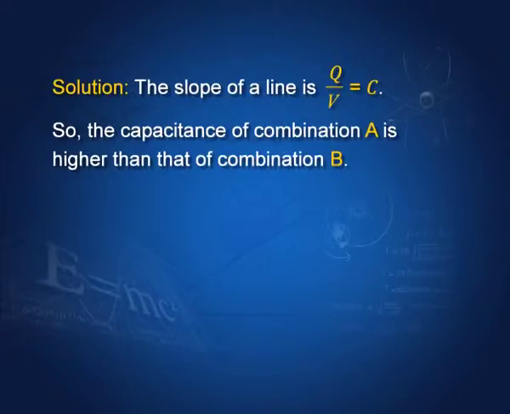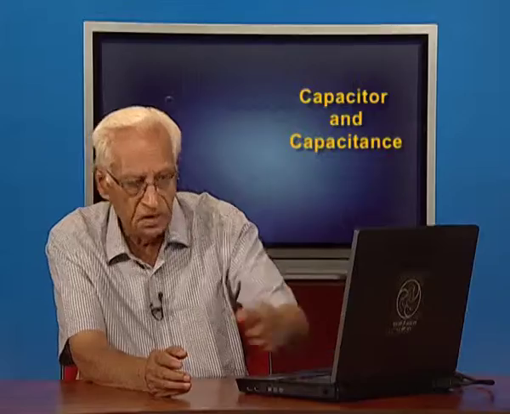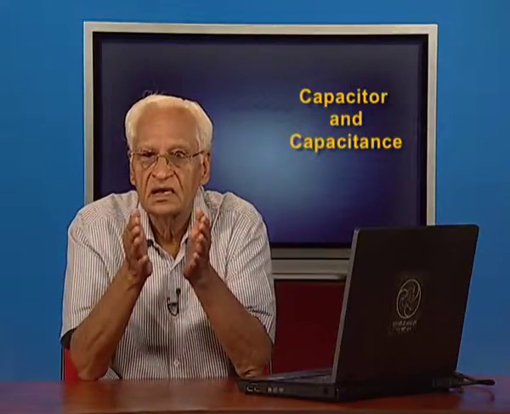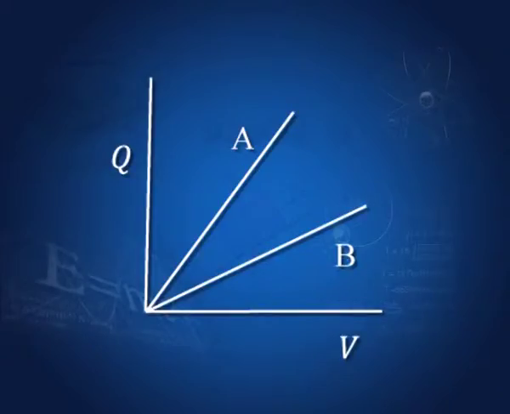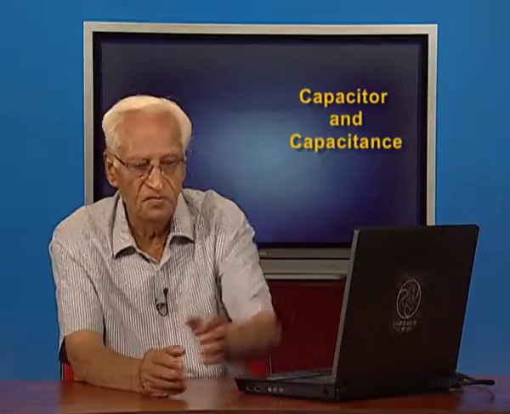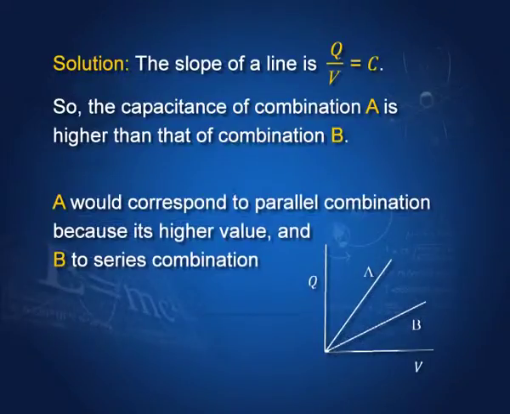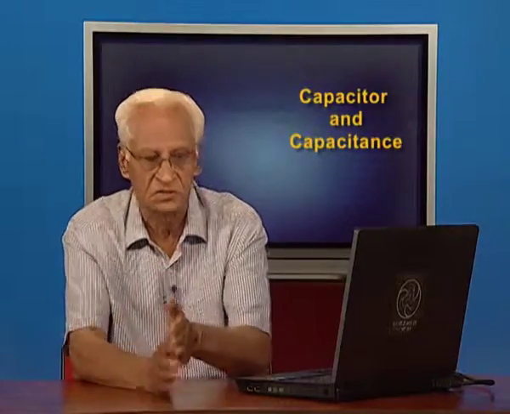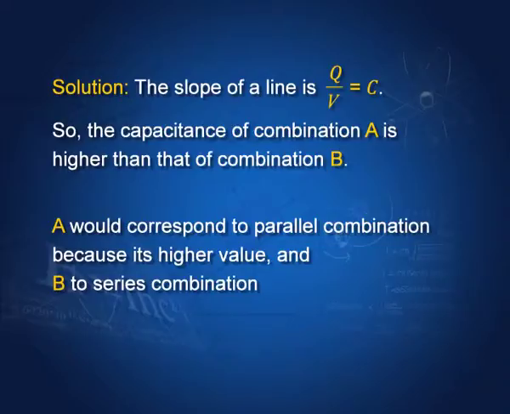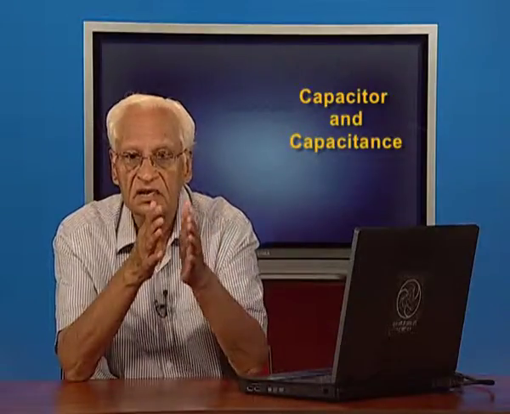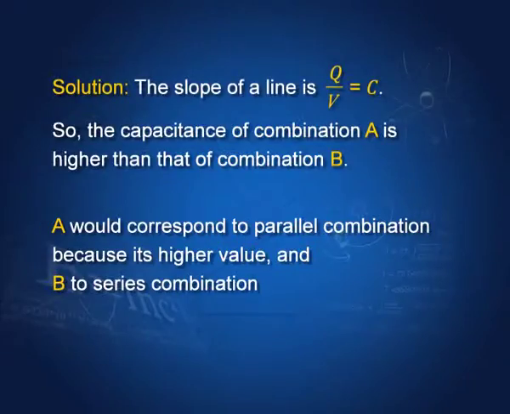Remember that Q by V is C, therefore the slope of these lines is the capacity. Since the slope of line B is smaller than the slope of line A, line B must correspond to the series combination, where capacity is reduced, and A must correspond to the parallel combination, because the parallel combination increases the capacity of the system.